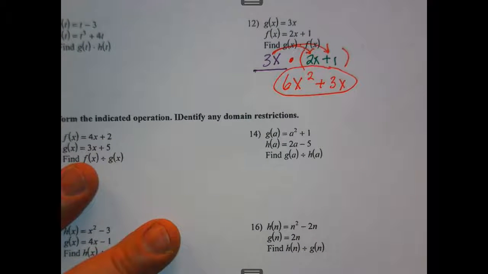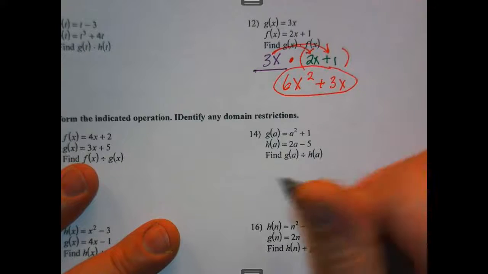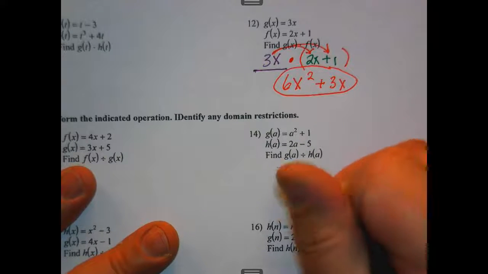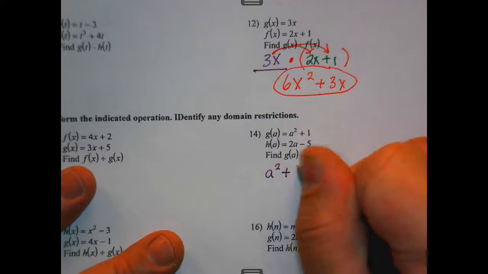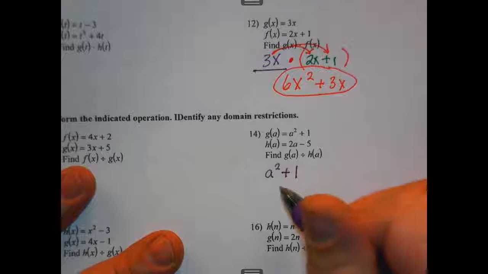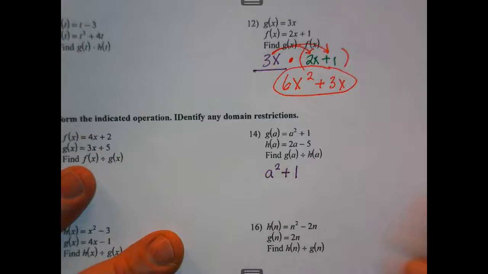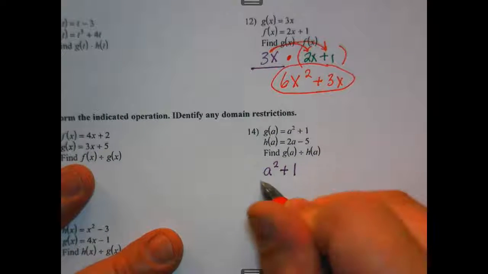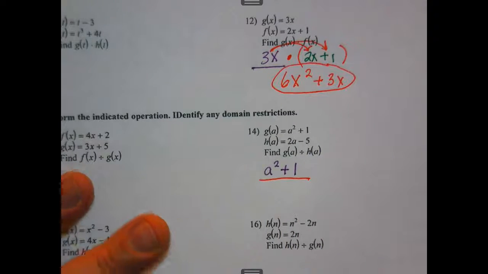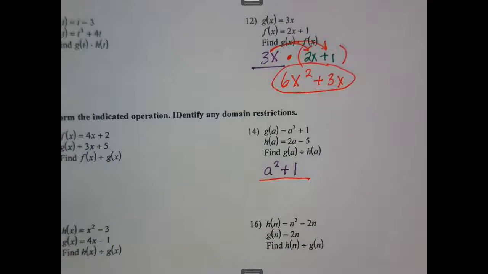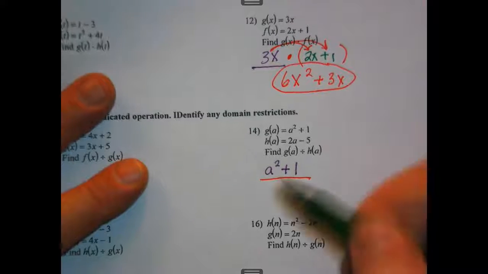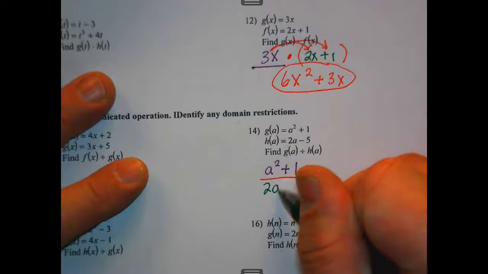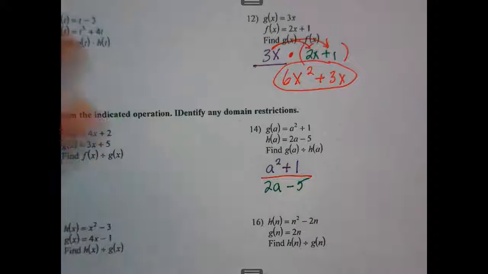14. T of A. So we don't have to evaluate. T of A is a squared plus 1. And we're going to divide it by the h of a, which is 2a minus 5.